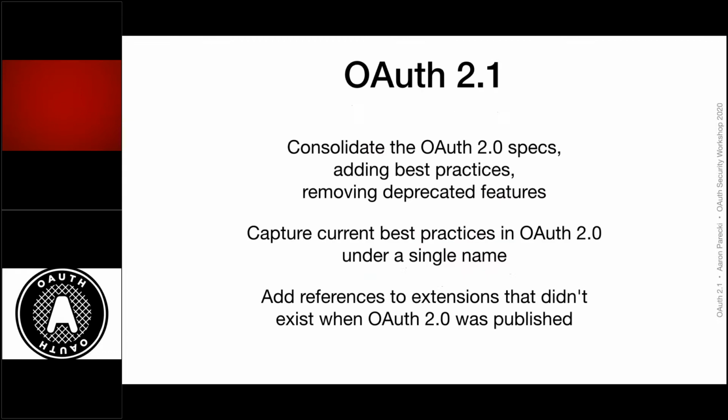So this is meant to consolidate all of the best practices in the OAuth 2 specs, remove deprecated features, add best practices, and capture this in a new name. One of the other goals is that there are a lot of places in the OAuth core spec from 2012 that say you might be able to do this, but there are no implementations and no RFCs yet.